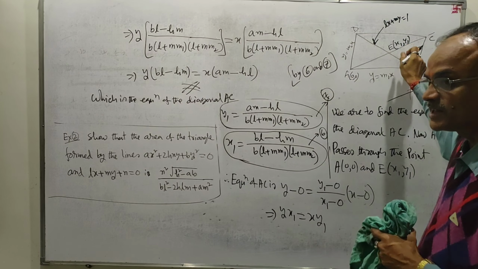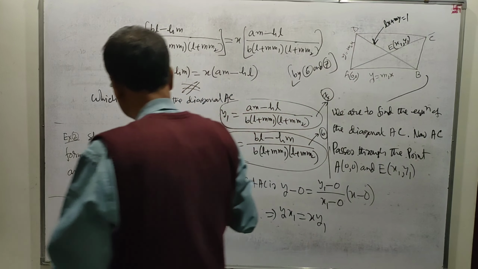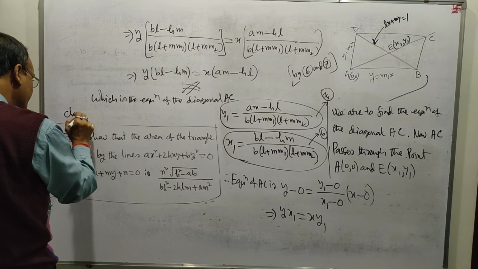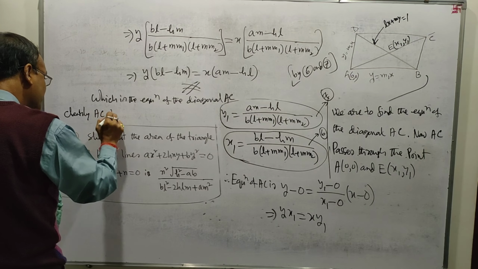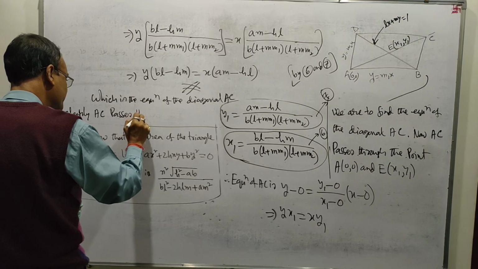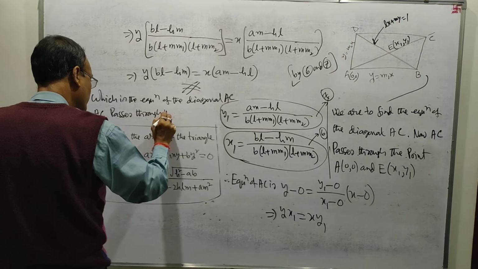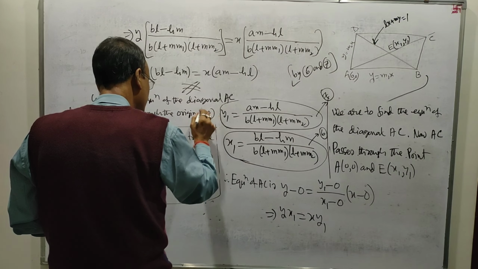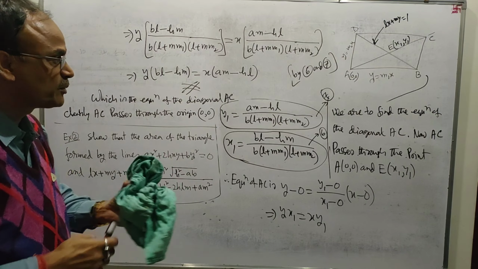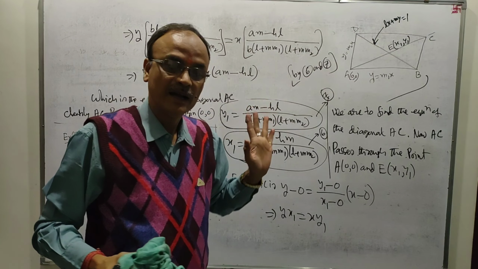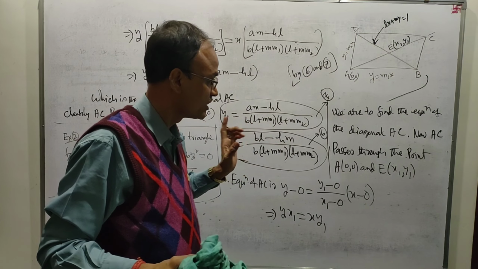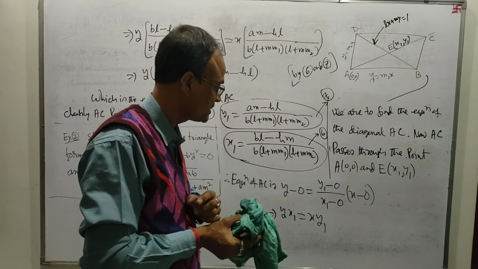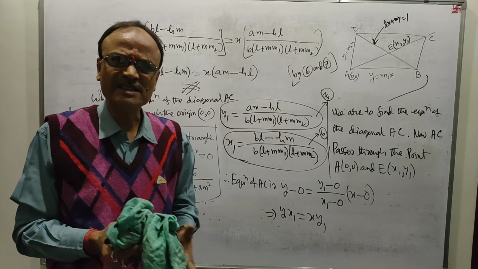It also passes through the point (x1, y1). The coordinates of A must be equal to 0, 0. Perhaps you have understood this. It is very easy, very simple.